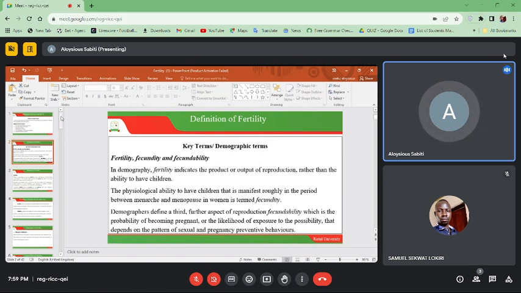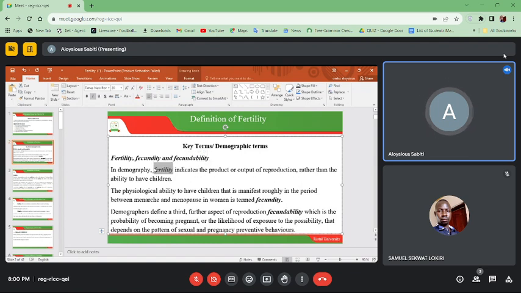Therefore, their fecundability is rated higher than those who are younger or who are older. So those are very key terms that need to be understood throughout this module, because we shall use them continuously.